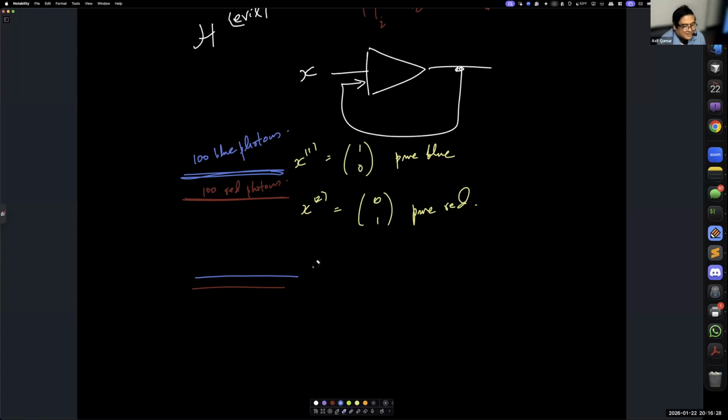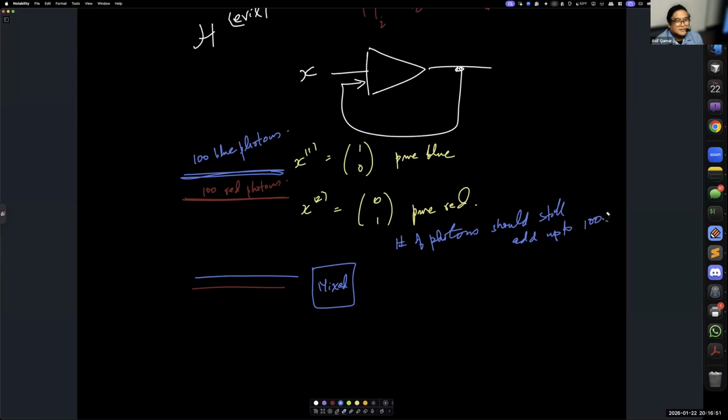They are saying that, let's say that you have a mixer, and these are fiber optic cables coming in. Surely the number of photons should be conserved, right? The number of photons should still add up to 100. Does that make sense?